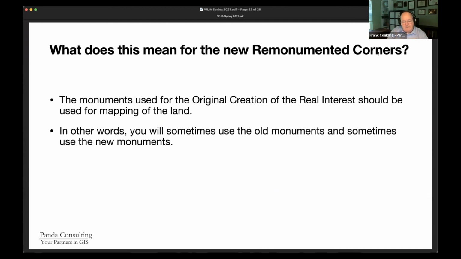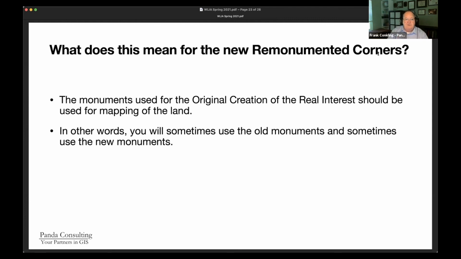So if a 1985 monument was used to record a CSM or a subdivision plat, and that monument was used to establish those interests in the property, just because you think there's a better location for it doesn't mean that that CSM should be remonumented or remapped, because all those people that bought land in there relied upon those original monuments that were established to define where they actually own.